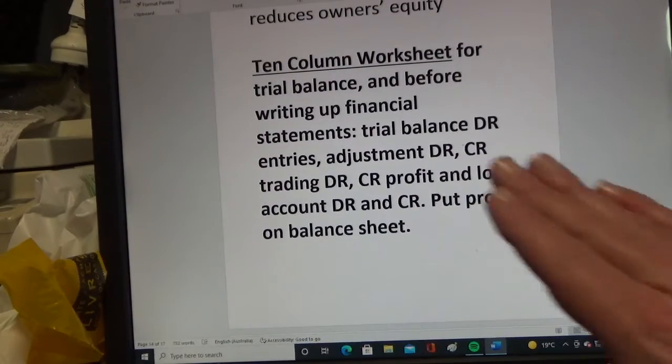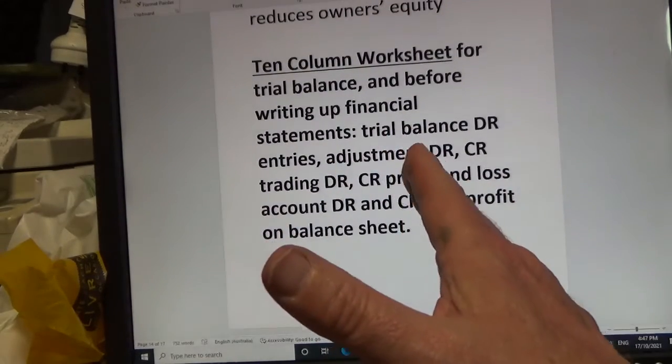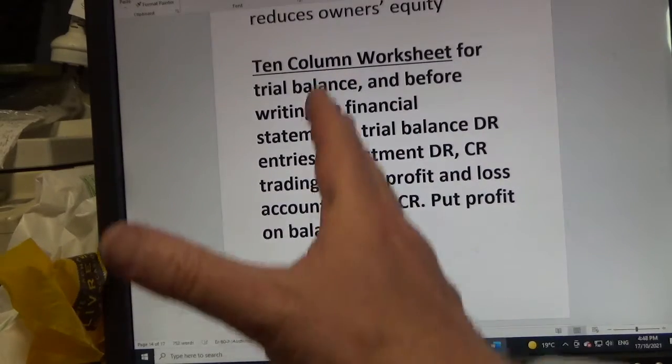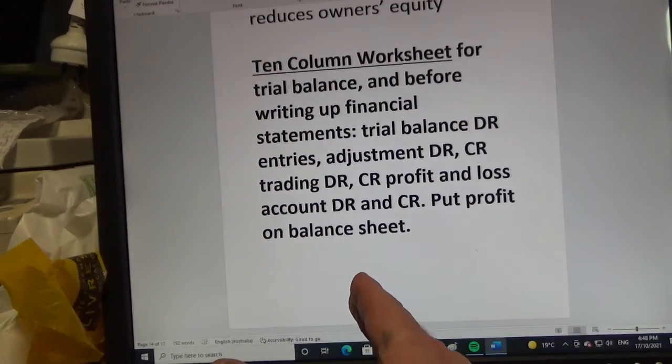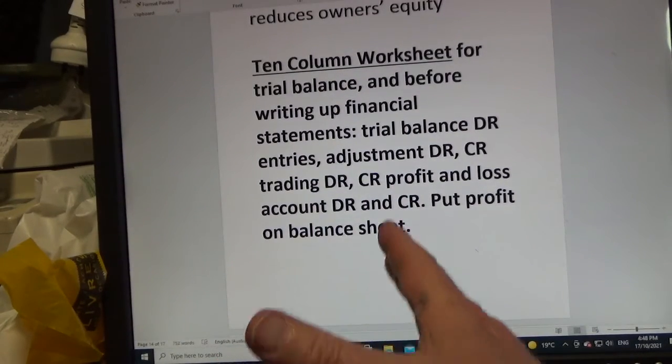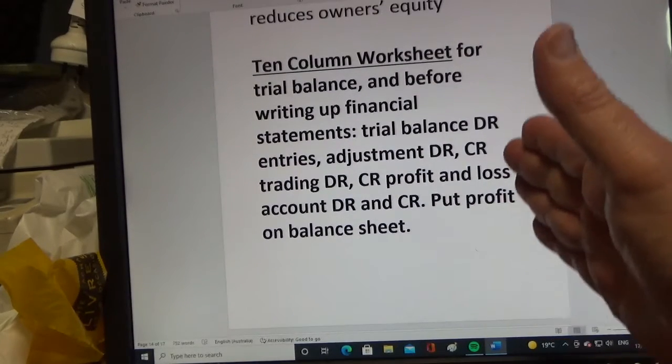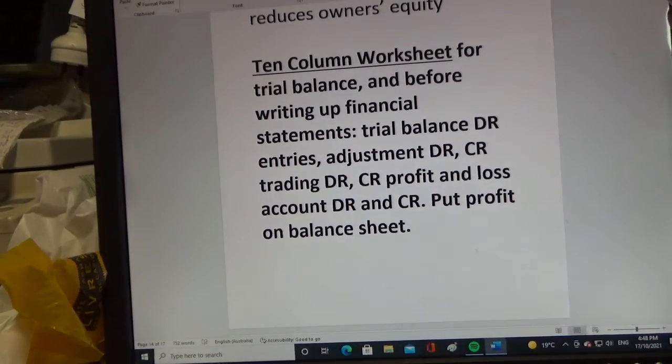So just don't forget that 10-column worksheet format. Details on the left-hand side, 2 columns trial balance, debit and credit. Debits equal credits. Your adjustments, debits and credits, adjusting entries. And then your trading account, sales minus COGS equals gross profit. Your profit and loss account, debits and credits.